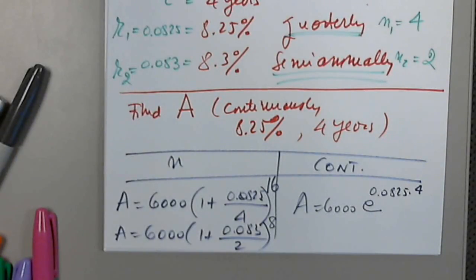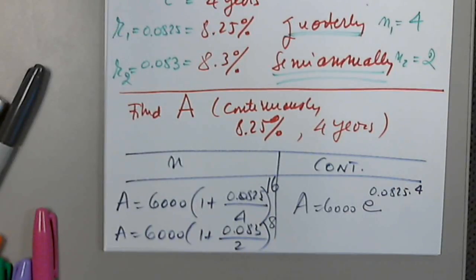So 6,000, parentheses, 1 plus 0.0825 divided by 4, close the parenthesis, caret. I like parentheses, as you already know. It's 16. So that will be the first answer. The second one, I'm just going to go in previous entry.